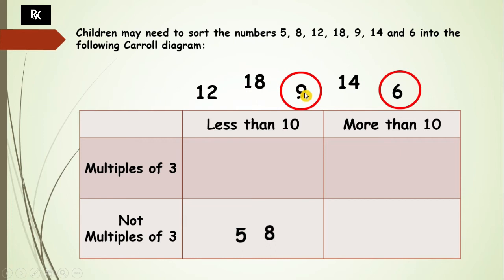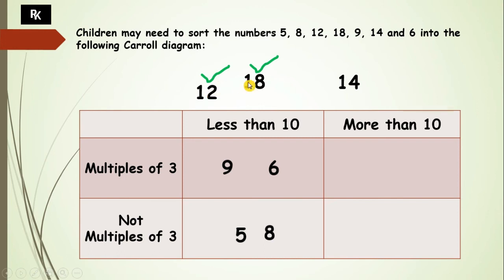My next number is 9. Is it the multiple of 3? Yes. 9 is the multiple of 3. The last number that I circled is 6. Is it the multiple of 3? Yes. It is also the multiple of 3. Now only 3 numbers are left. Among these numbers, find out those numbers which are the multiples of 3.